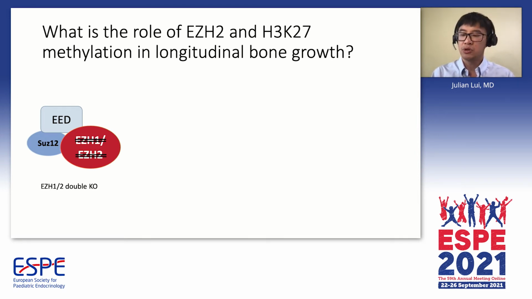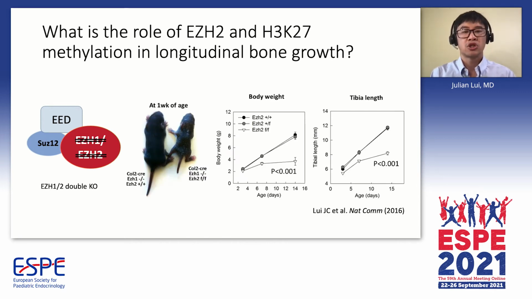We used a catalytic-specific EZH1 and 2 knockout, considering that there's functional redundancy between EZH1 and EZH2 in making the PRC2 complex. This EZH1 and 2 double knockout shows growth retardation with decreased body weight and tail length starting at around 3 days of age.